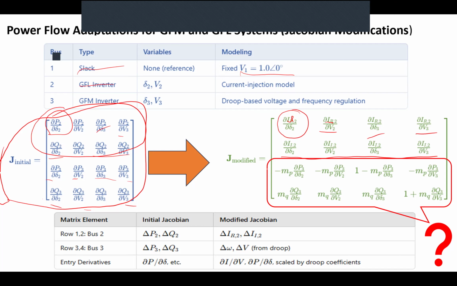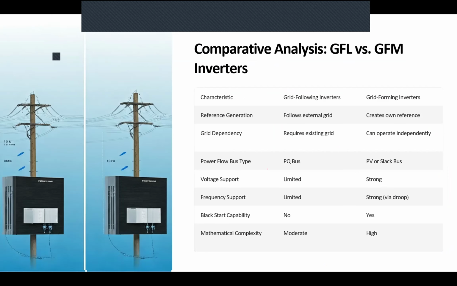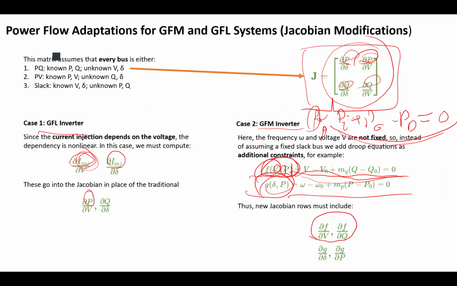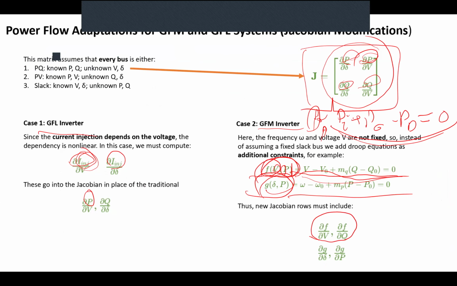Now, for the grid forming, we said we are going to replace that with that F and G. Look at this F and G. See, P has a coefficient here.